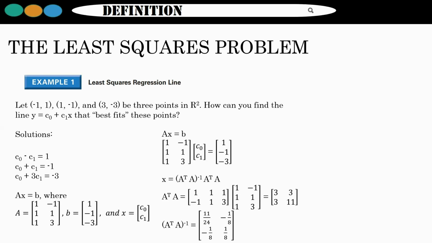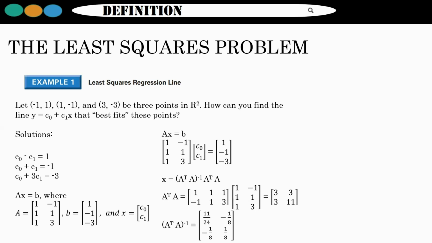But we have here the formula x equal to the transpose of A, or we can call this the orthogonal complement of the column space of A. So we have this formula: the inverse of A transpose A, times A transpose, times b. So first we have to find the transpose A times A.